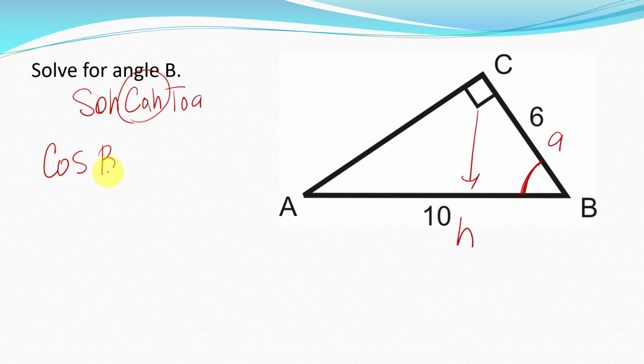Cosine of angle B is equal to adjacent over hypotenuse. 6 divided by 10 in your calculator equals, second button, cosine button, B is equal to 53.1301. So that's the angle measure there.